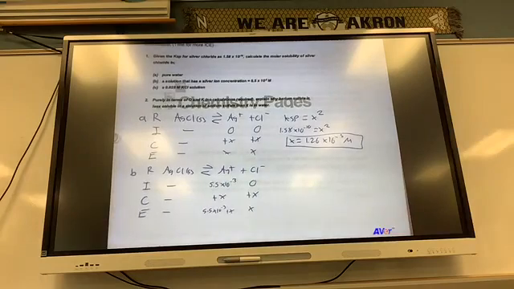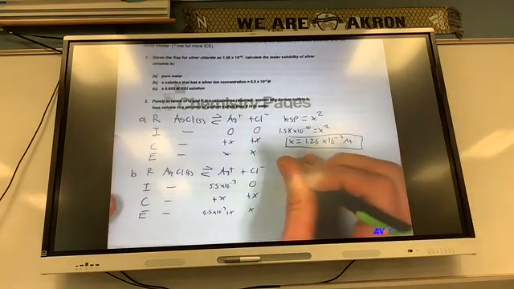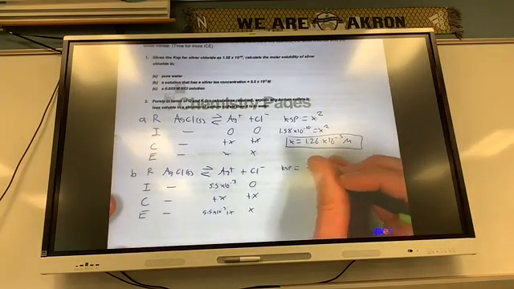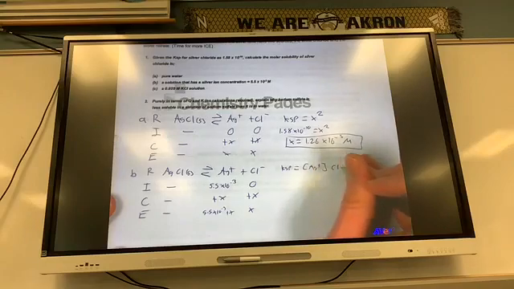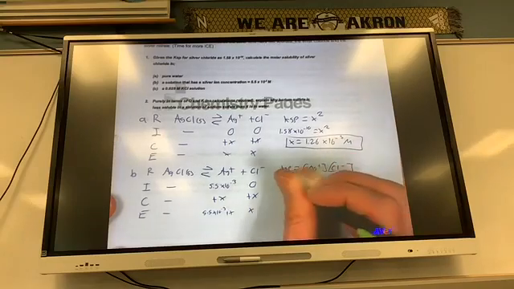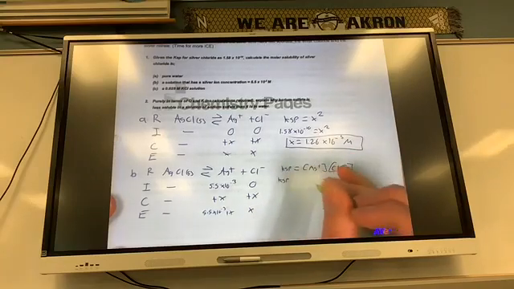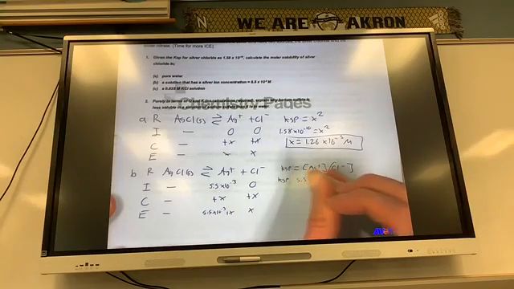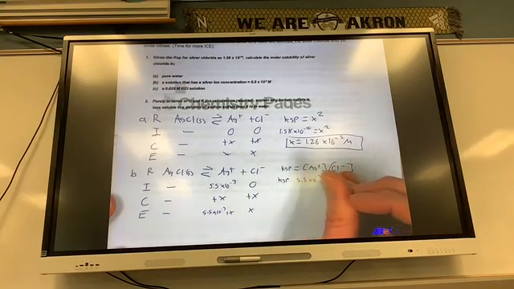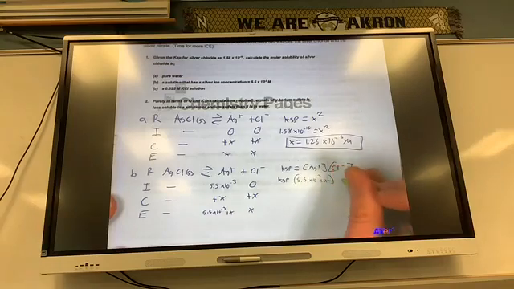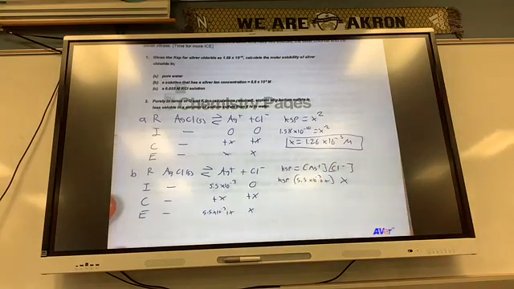So, once again, my KSP is going to equal concentration of Ag plus times concentration of Cl minus, sub in. So I'm going to have 5.5 times 10 to the negative third plus x, times x, right?